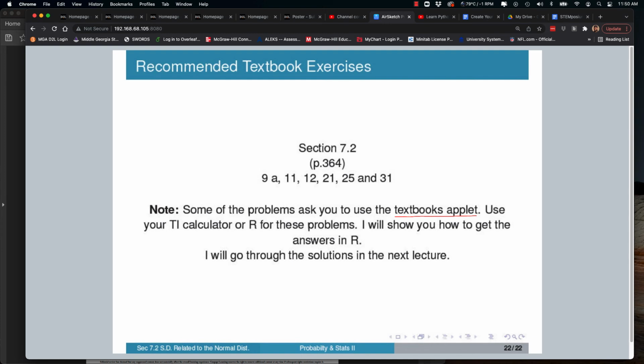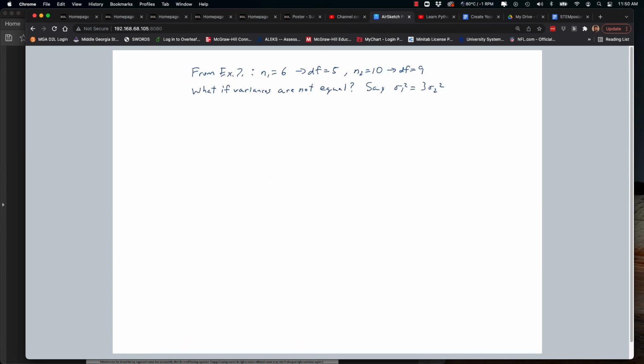Guys, I want to do one more quick thing. Hopefully it won't take too long, but it's an extension from example 7 we just did with the F distribution. I want to show you what you do when the variances are not equal. In that problem, the variances were equal, and I kind of skipped some steps in what you should do. So let's do that problem where the variances are not equal real quick. This is going to be important for one of the graded homework problems.